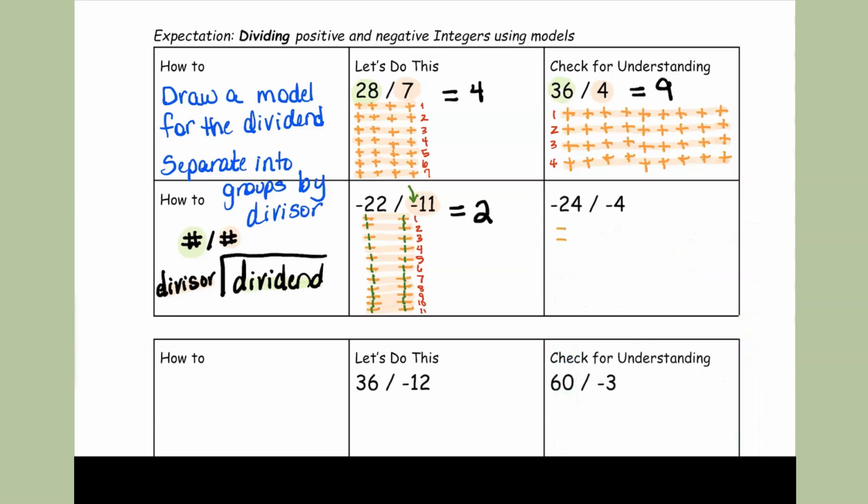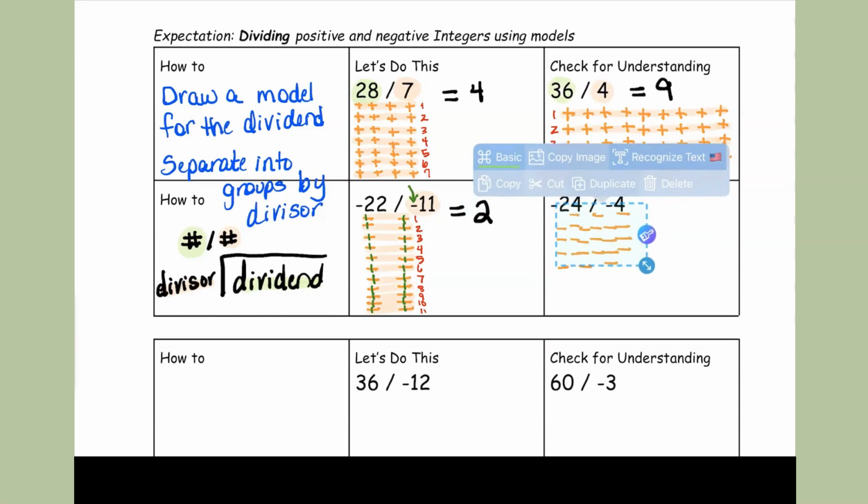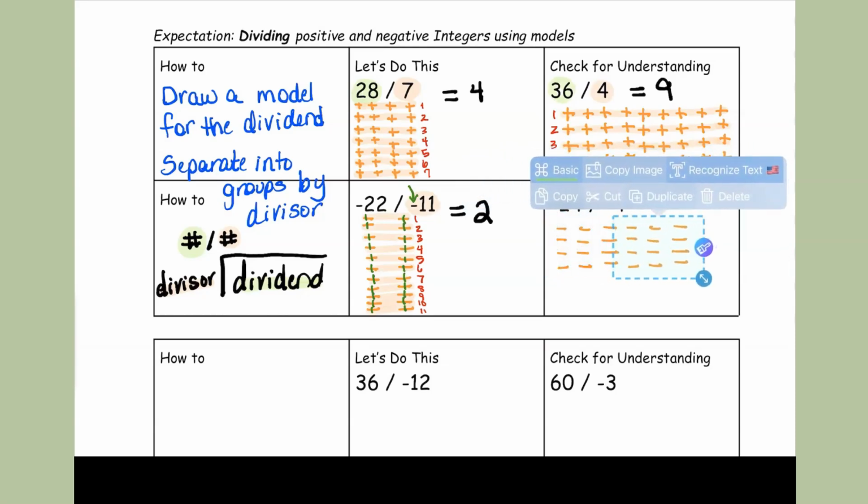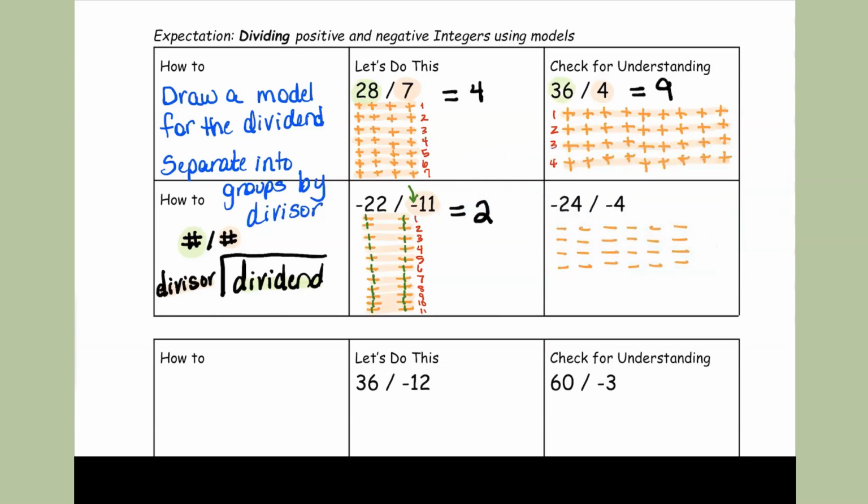All right, welcome back. We're going to start with 24 negative pieces. And I kind of cheat a little bit, because whenever I see that I'm dividing into 4 groups, I try to use 4 rows or 4 columns to draw out my 24 pieces.